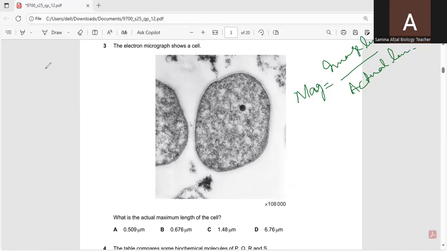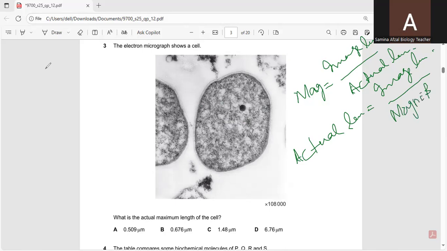So we have to find out the actual length. Actual length is equal to image length over magnification. Magnification has been given. We have to find out the actual length.